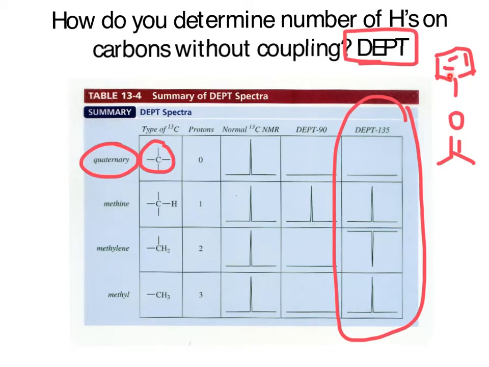So this carbon right here, those will not show up in DEPT 135. A CH will show up, and it'll show up as a signal pointing up. A methyl will show up, and will also point up. And then we get some information here. If you have a CH2, it'll actually point down.